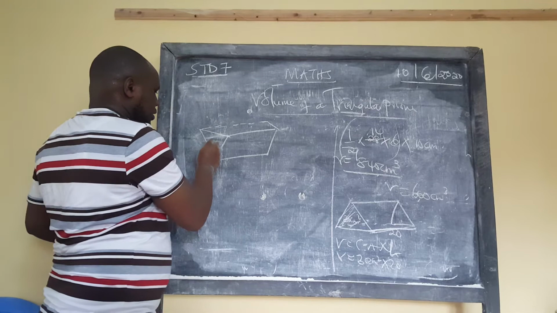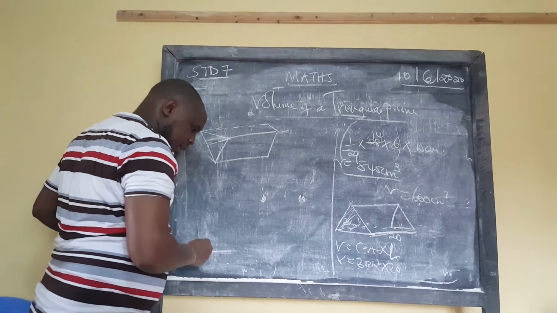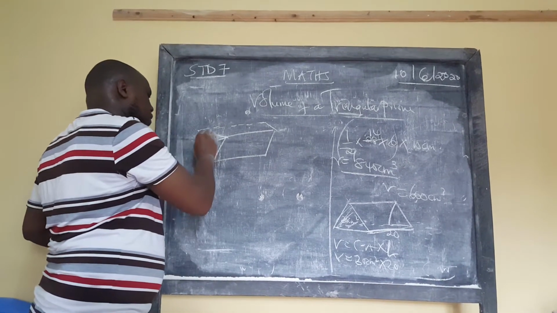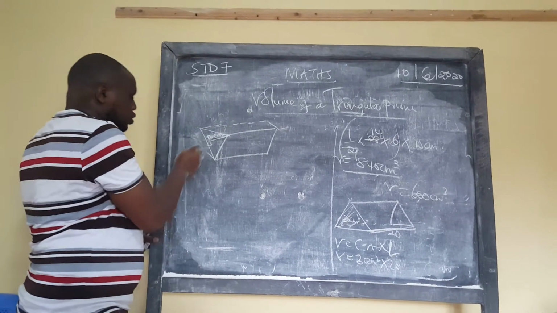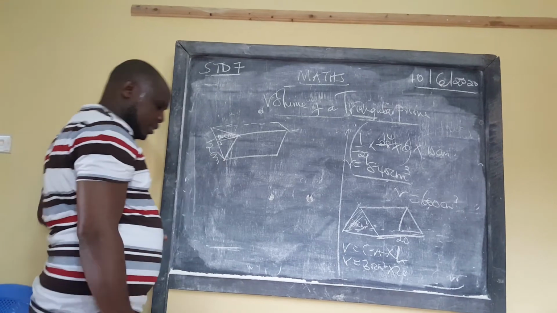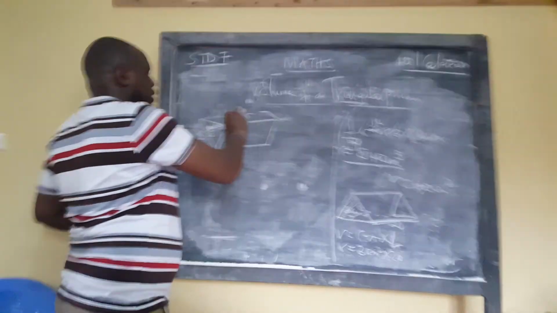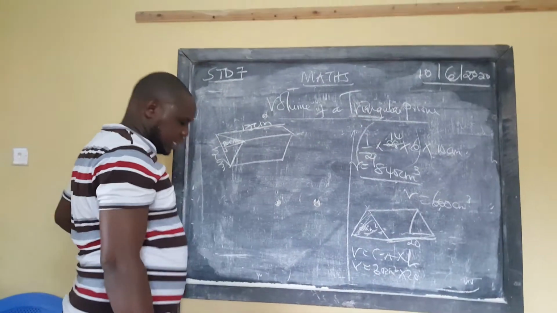So they're telling you this height here is the perpendicular height, so this is 12 centimeters. And then this is also 12 centimeters. The length they are giving you is 17 centimeters. Then they ask you the volume.